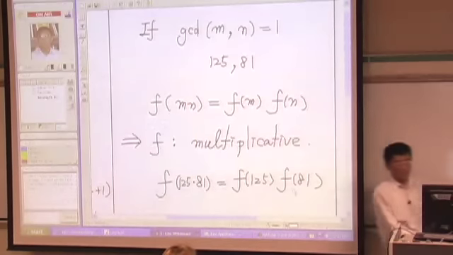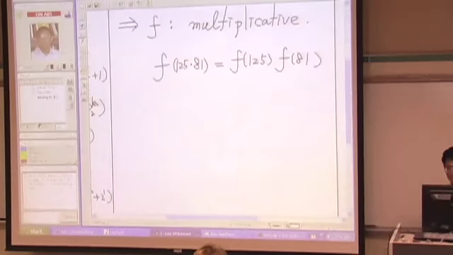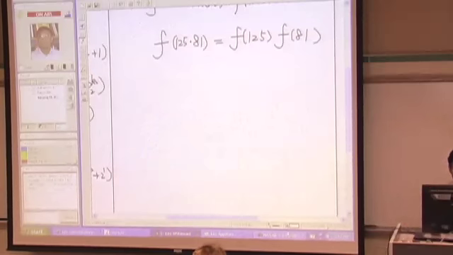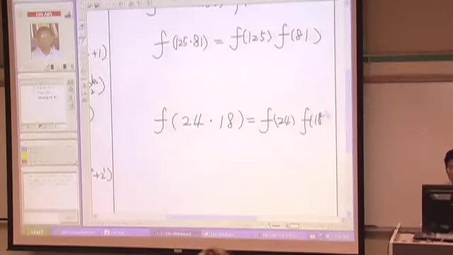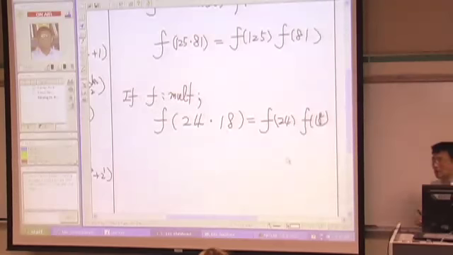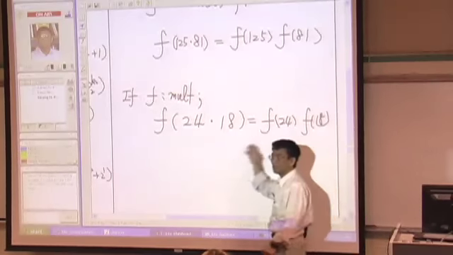Then take a look. If f is multiplicative, is this true or not?